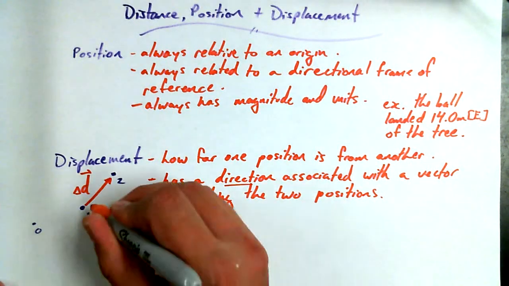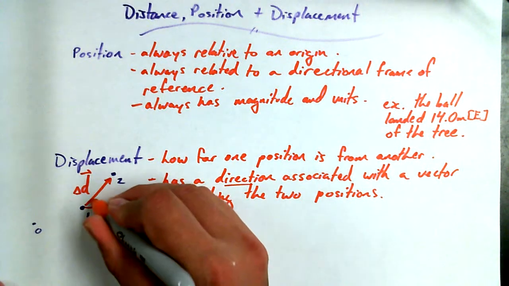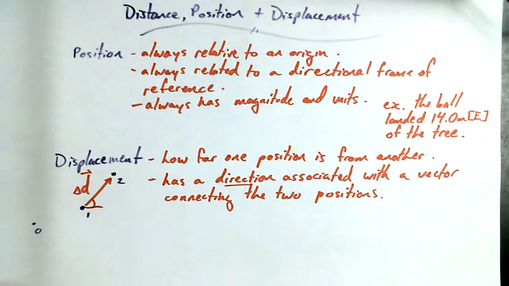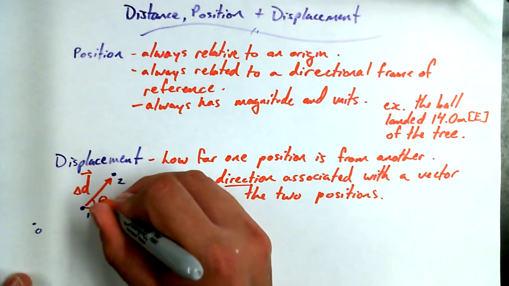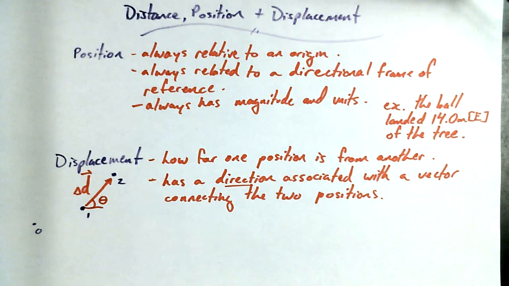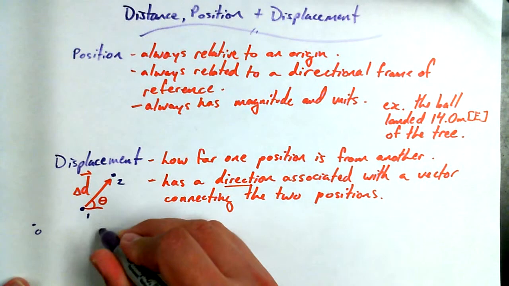So that's the direction. And we might measure the direction relative to east. We might measure that direction relative to horizontal, but it has some direction associated with it. Or it might be 2 points like this one here.